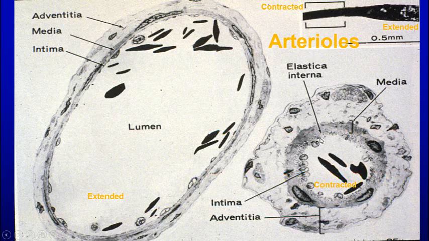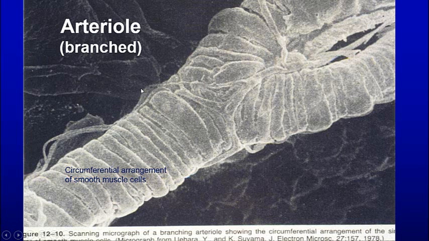That's why it's scalloped, because it's partly contracted. As opposed to, it could be quite stretched and quite smooth if it's extended. So it's a dynamic process, not just stagnant. Again, we have the intima, media, and the adventitia in either case.